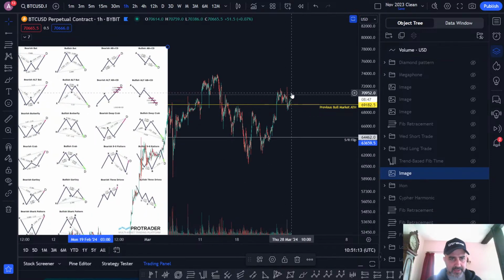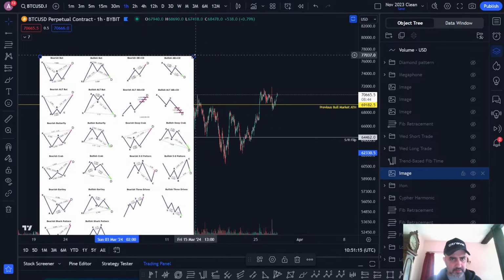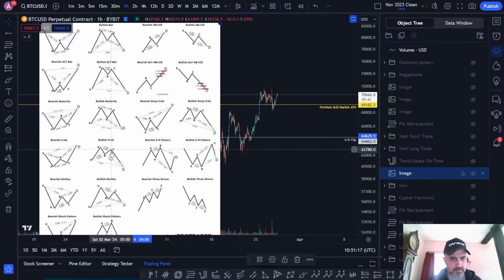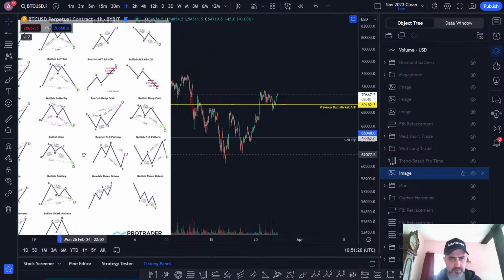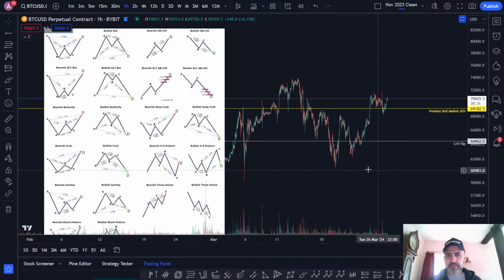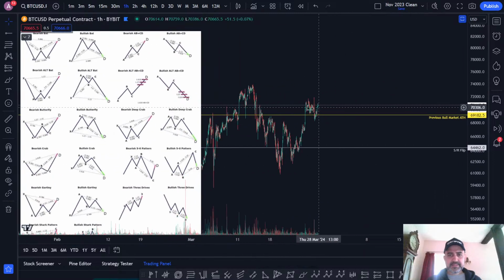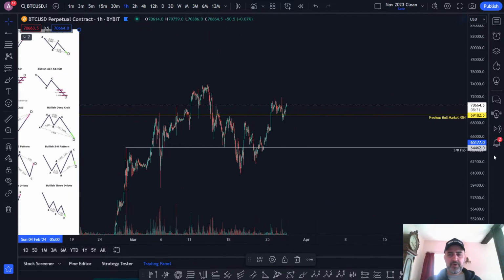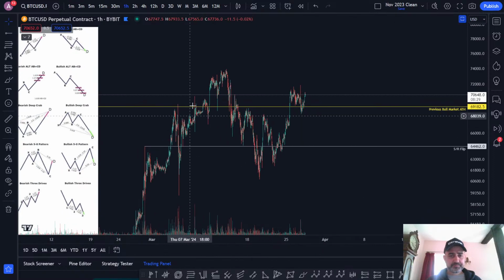Which one is it? When you make a lower high. So what is it that I'm looking for potentially? I'm imagining a diamond. I'm not imagining a megaphone at the moment.